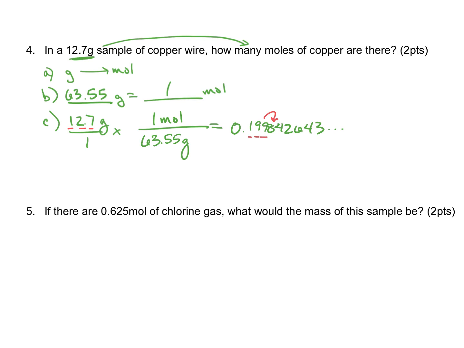So that 0.199 with an 8 will cause this final value to round up to 0.200. And then because grams end up canceling, you must include the units of moles. So it's also good to include what chemical you're talking about. So in this case, it is moles of copper. So 0.200. And you need these zeros because these digits are significant. So 0.200 moles of copper.